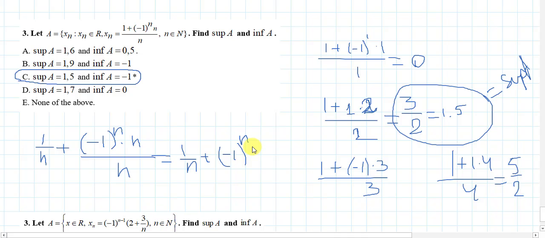Here the least value is equal to minus 1, because 1 over n goes to 0, so it is always greater than 0 and goes to 0. And here we have just minus 1 or 1, depending on n. If n is even it is 1, if it is odd it is minus 1. So minus 1 is the infimum of our set A.